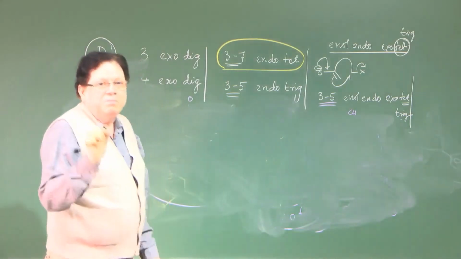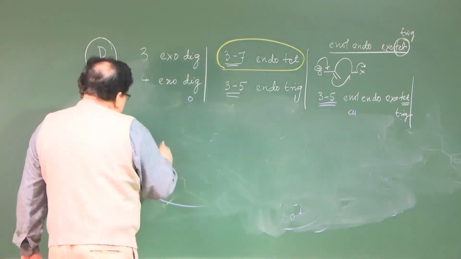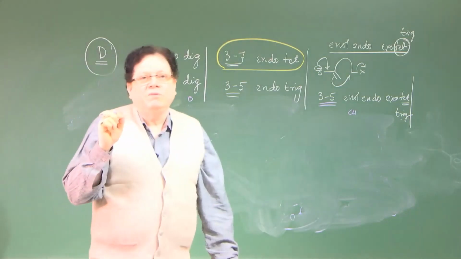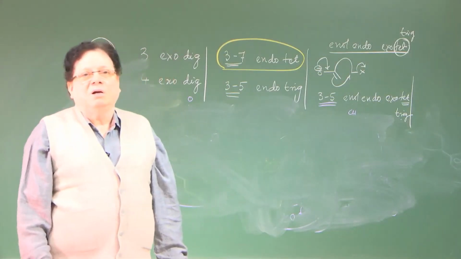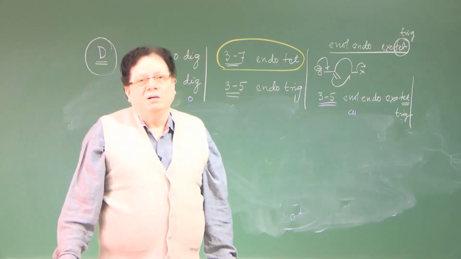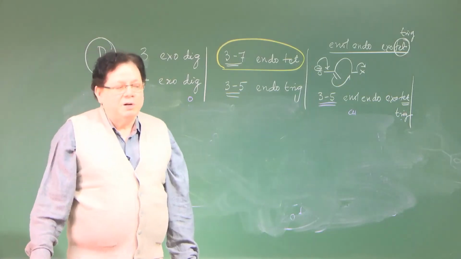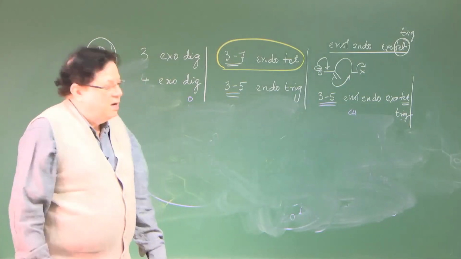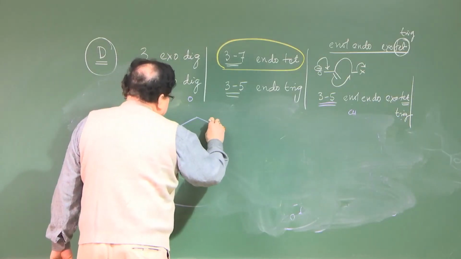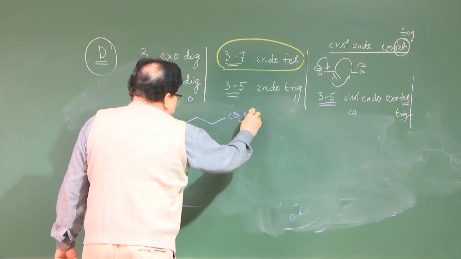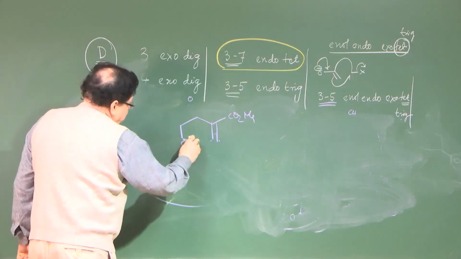Another important point about Baldwin's rule: usually the nucleophilic atom we are dealing with is oxygen, carbon, or nitrogen. Okay. That is the second row of elements in the periodic table. But if you go beyond that, suppose you are attempting this type of cyclization, like CO2Me double bond, and then you have say OH here.